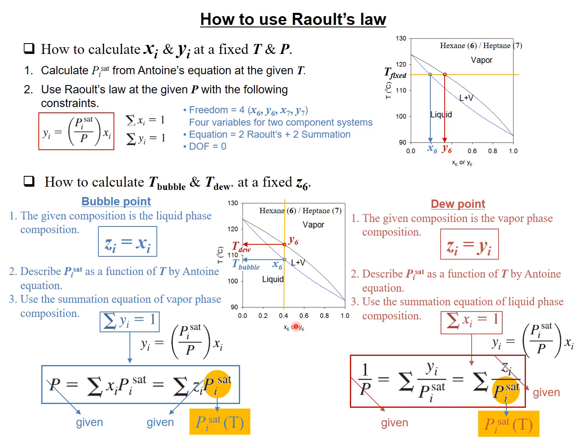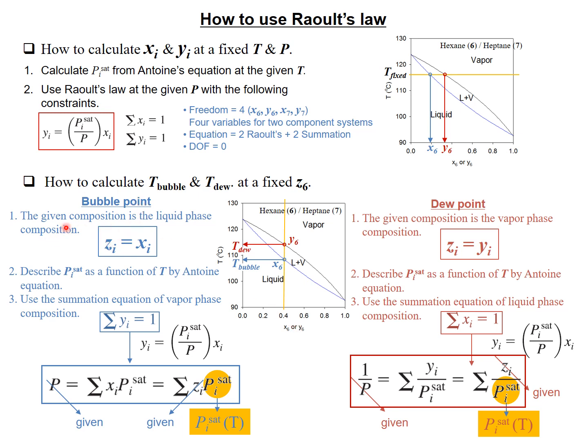However, right now we don't have any phase diagram, so we will use Raoult's law to calculate the bubble point and dew point. So let me start with the bubble point.